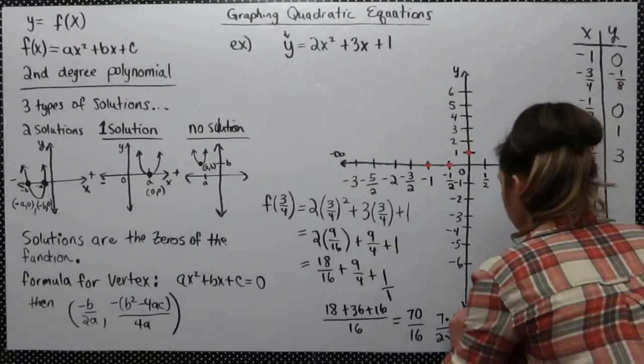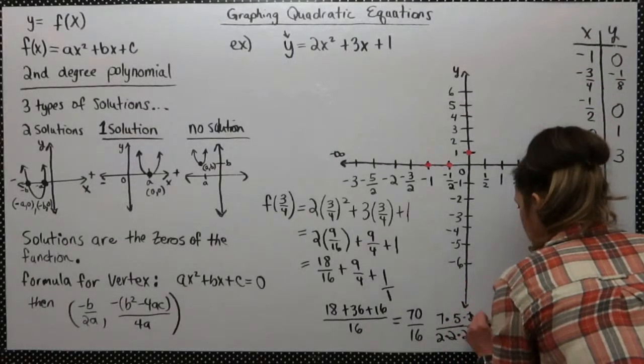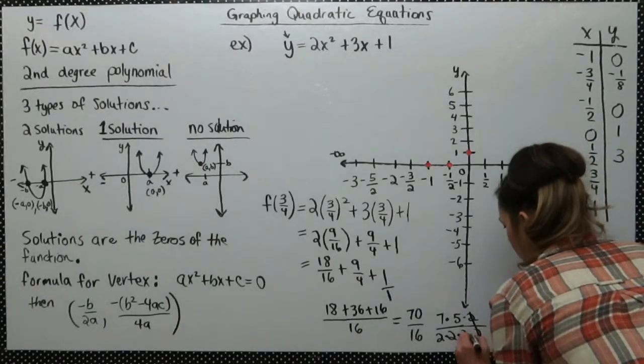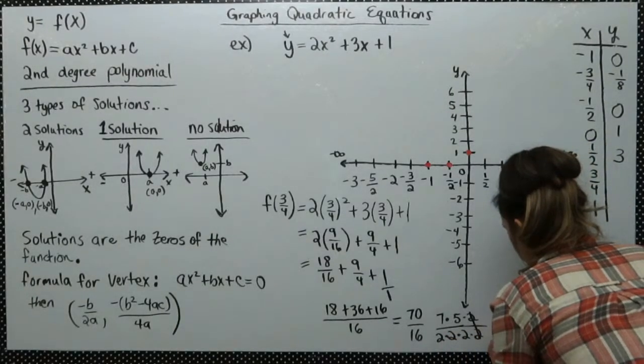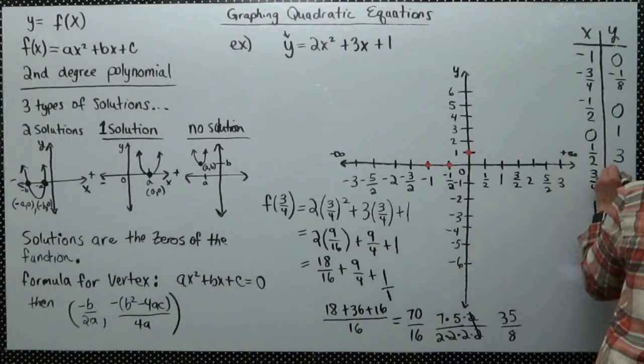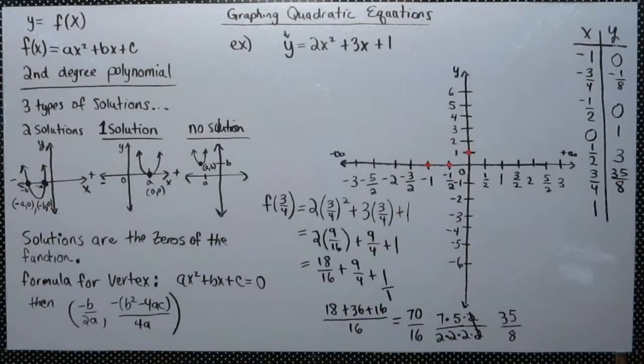So we can only cancel out a 2. So this is going to be 7 times 5 is 35 over 8. 35 eighths. So at 3/4, it's 35 eighths. And then 70 divided by 16, in fraction form, yeah, 35 eighths.